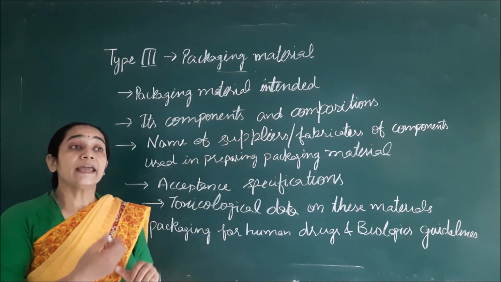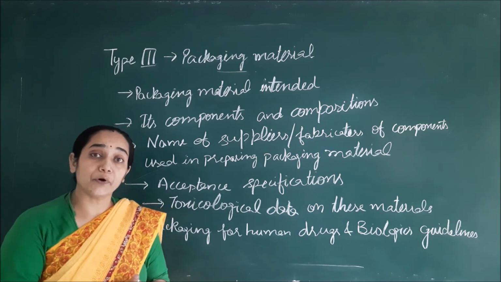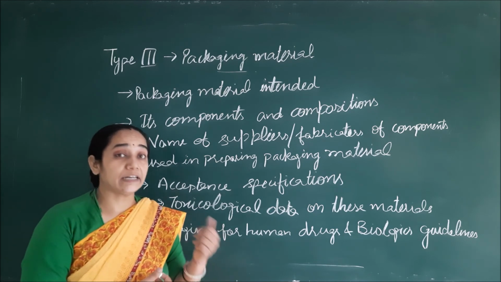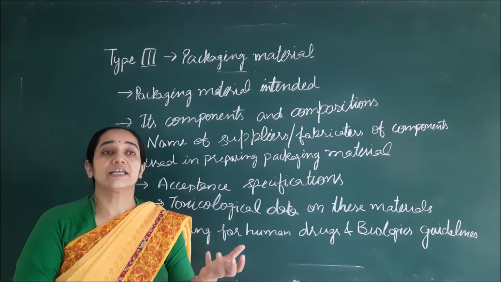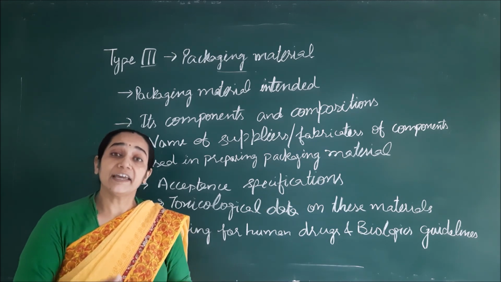For example, if I said there is a metallic container for the storage of a particular product, but the product shows corrosive behavior with that metallic container. For example, for the aerosolized preparation, if I say an aluminium container has been used and ethanol has been added in the preparation.